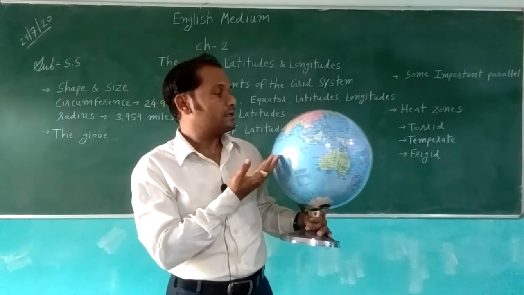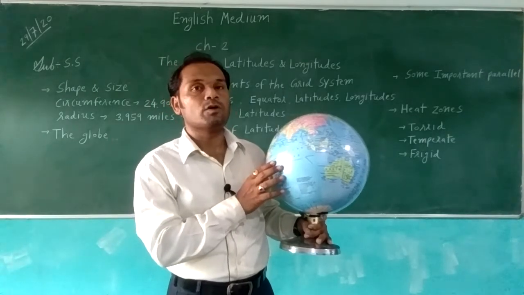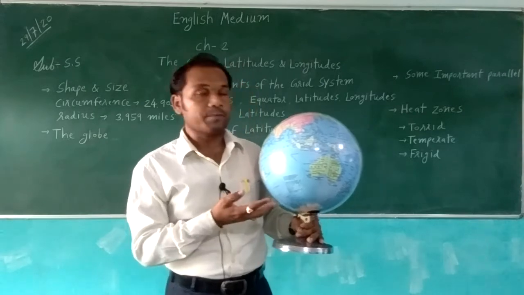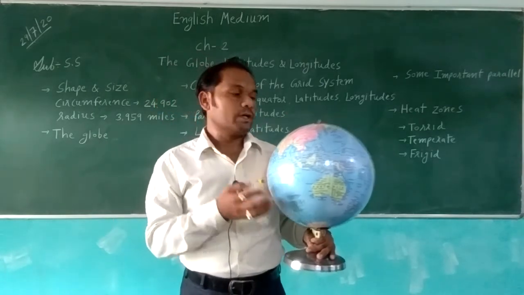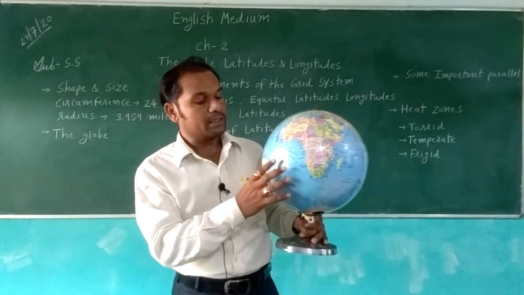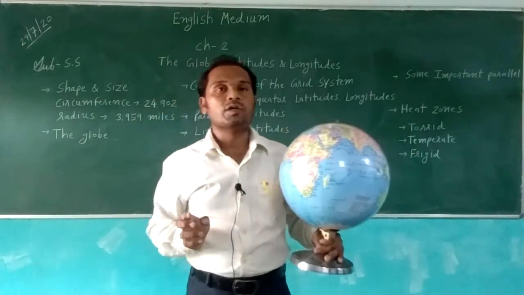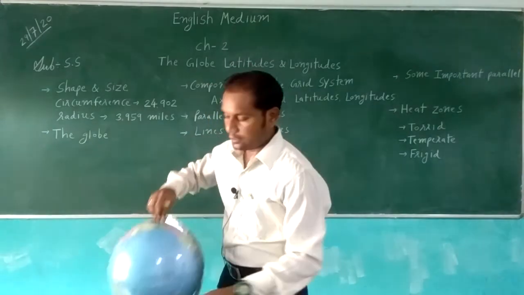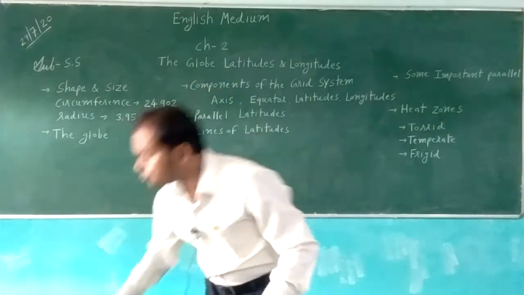Here the equator is there, then you can see the Tropic of Cancer and the Tropic of Capricorn. The middle line is called the equator.